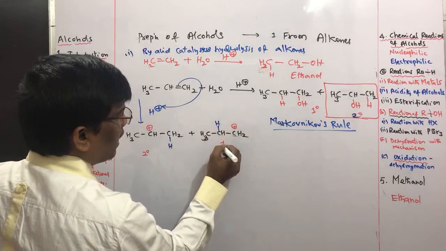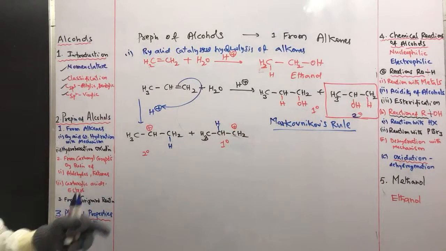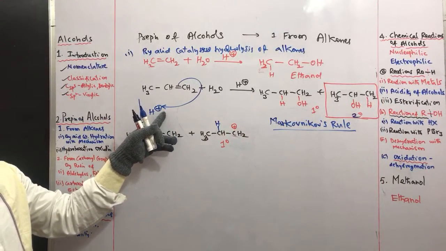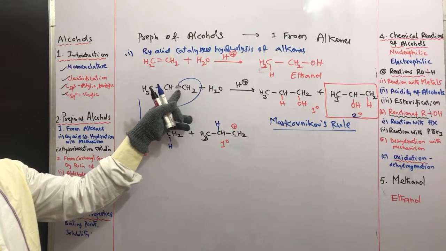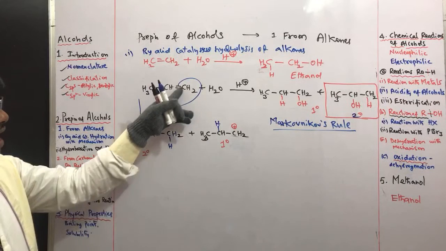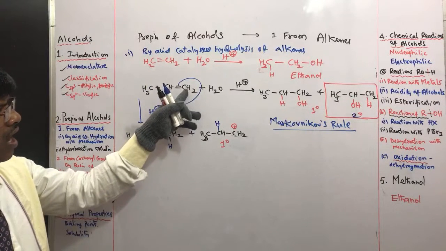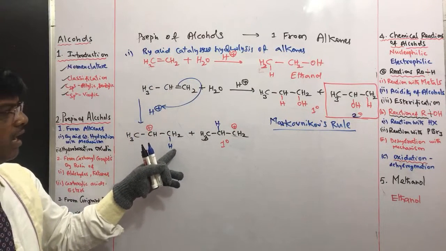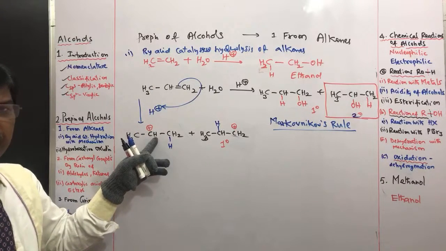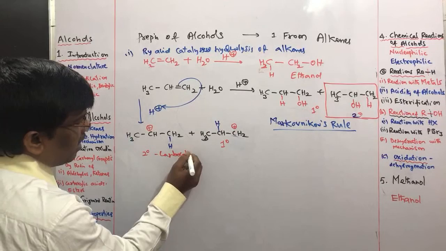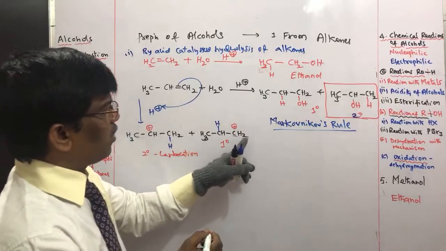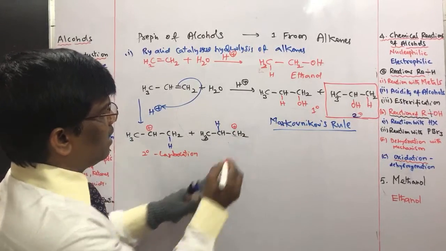primary carbocation. Yes, students? So in the first step, the protonation of this alkene, if the hydrogen is added to the primary carbon, it gives a secondary carbocation, and in the other case we are going to get a primary carbocation.